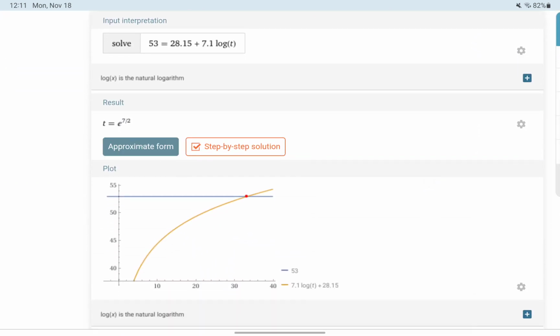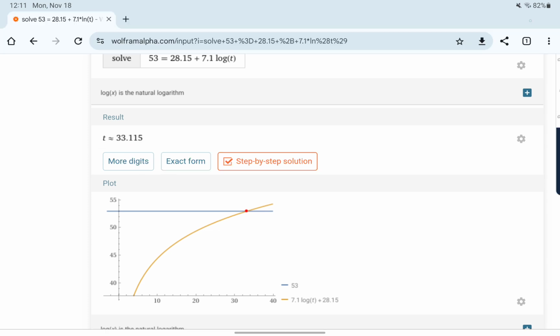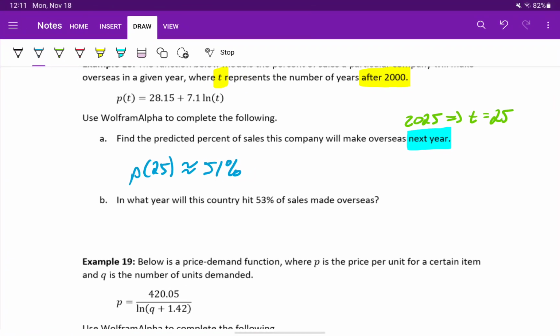We get the result of e to the 7/2 power, but if we turn that into an approximate, we get 33.115, or approximately 33. So that means in 33 years after the year 2000, so in the year 2033, is when this company will hit 53% of sales made overseas.